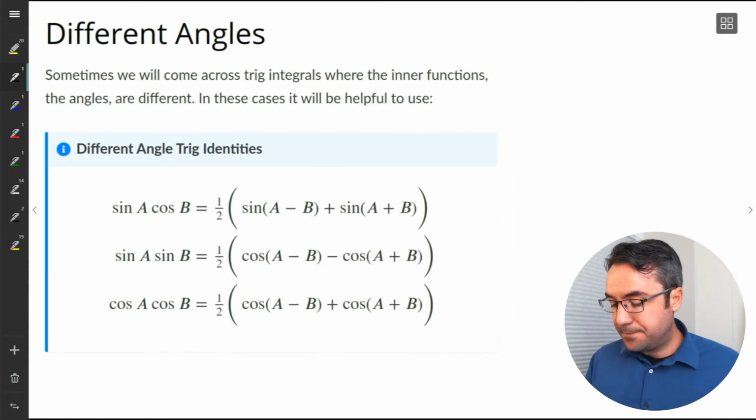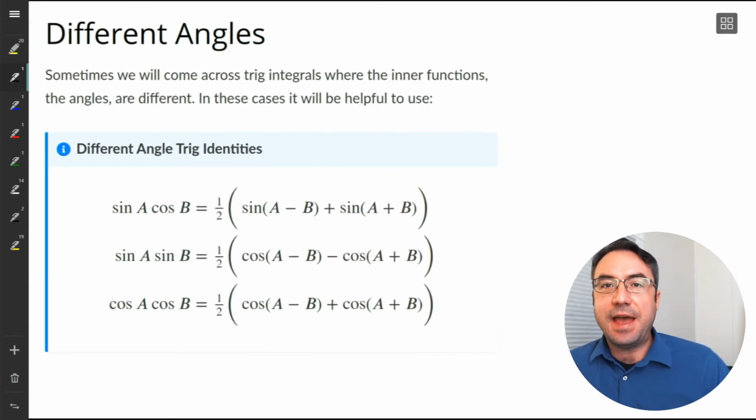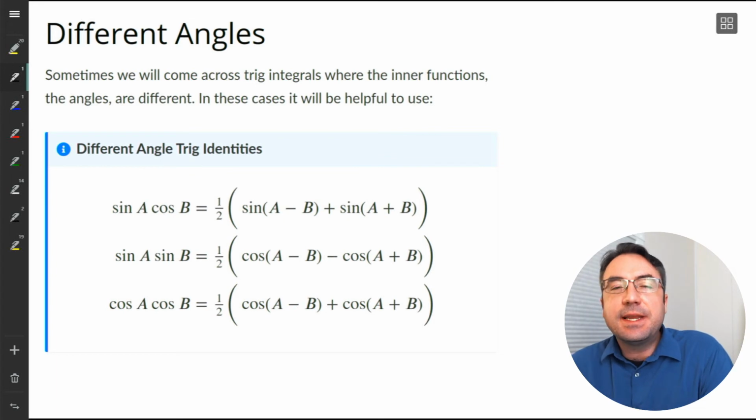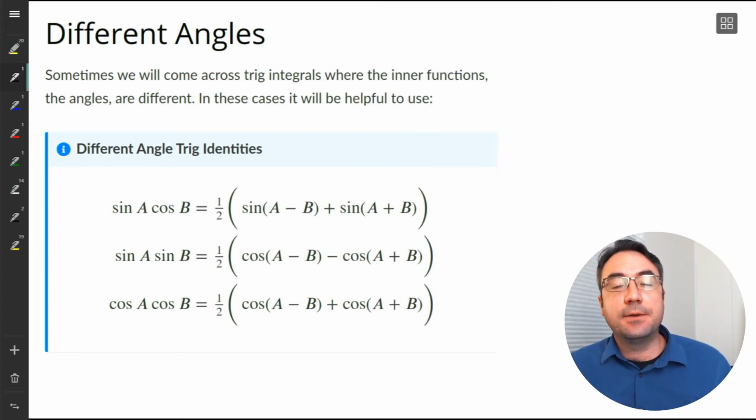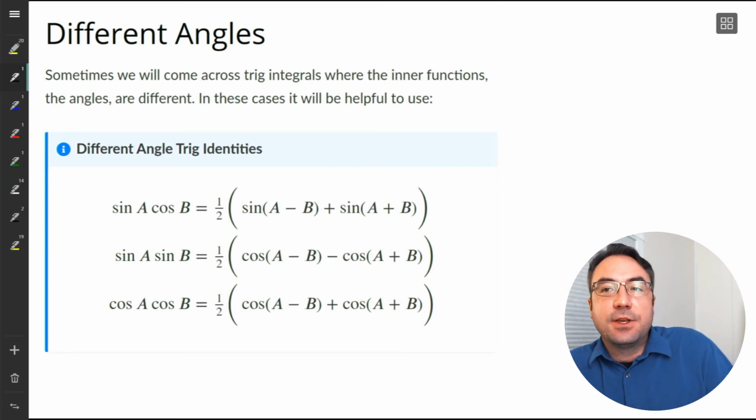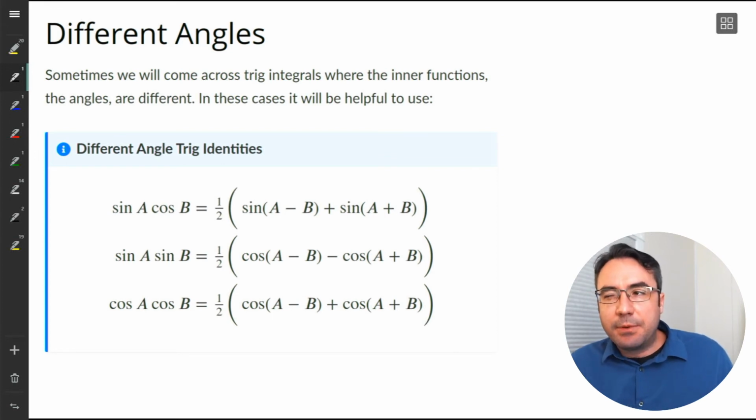Now, one extra tool that will be helpful is that sometimes we'll have powers of sine and cosine where the angles are actually different. Just to be aware that these exist, you probably won't have these memorized, and that's okay.